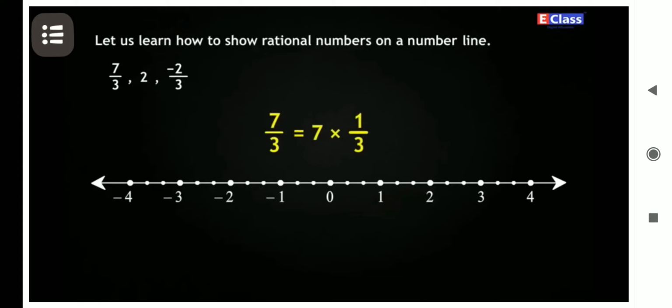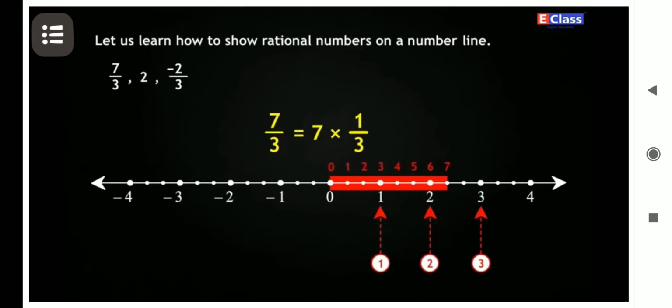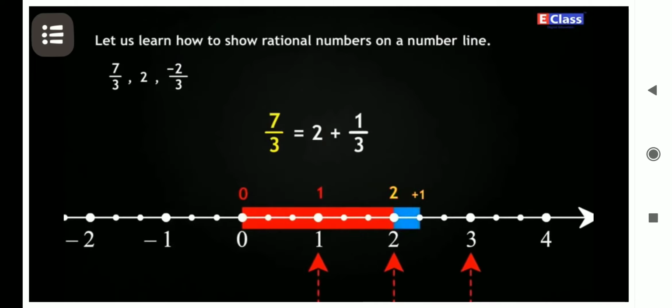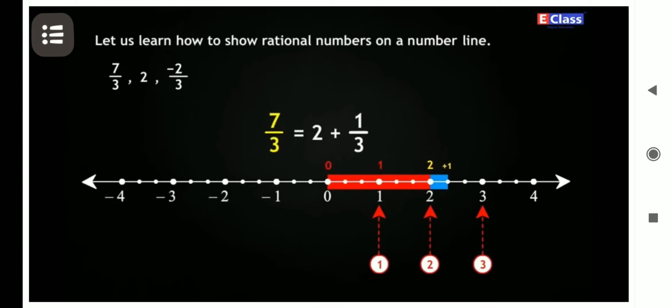Therefore, each unit on the right side of 0 is to be divided into 3 equal parts. The seventh point from 0 shows 7 by 3, or 7 by 3 is equal to 2 plus 1 by 3. Hence, the point at 1/3 distance of unit after 2 shows 7 upon 3.